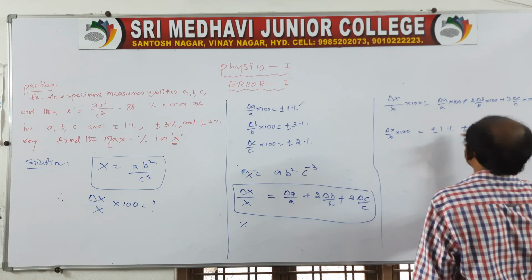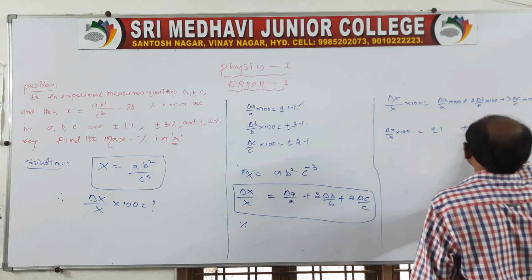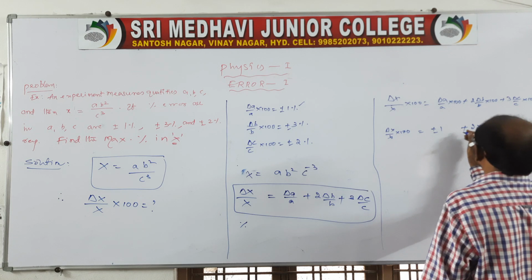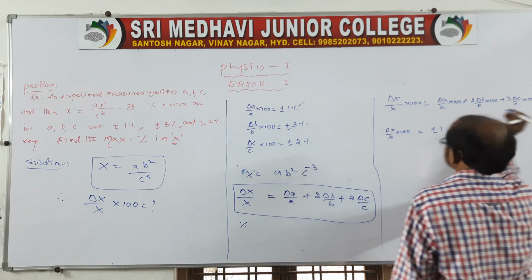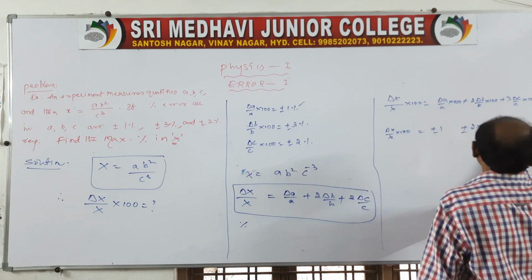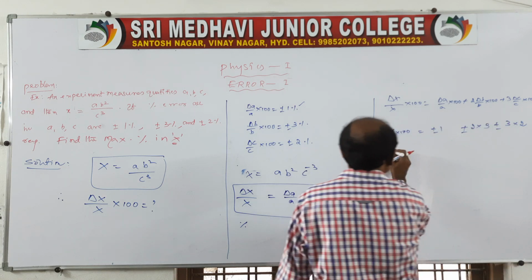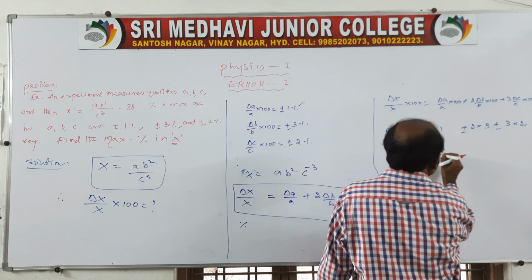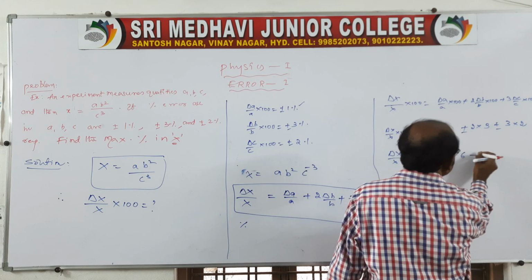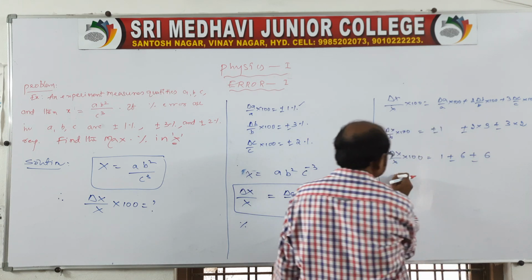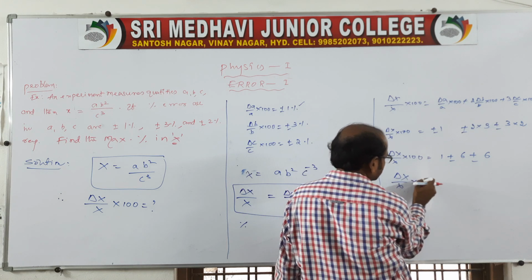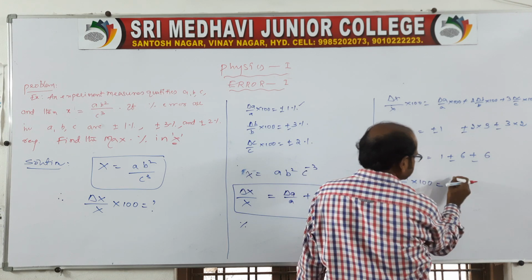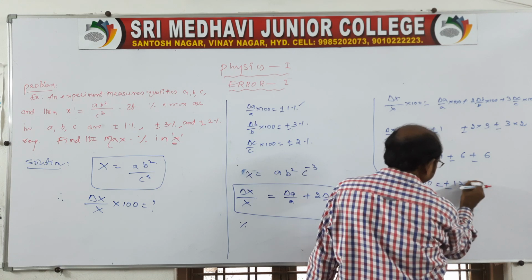Here you don't write the percentages, we will write it in the final answer. So plus or minus, and it is 3 into 2. So delta x by x into 100 is equal to 1 plus or minus 6 plus or minus 6, which we can say is plus or minus 13%.